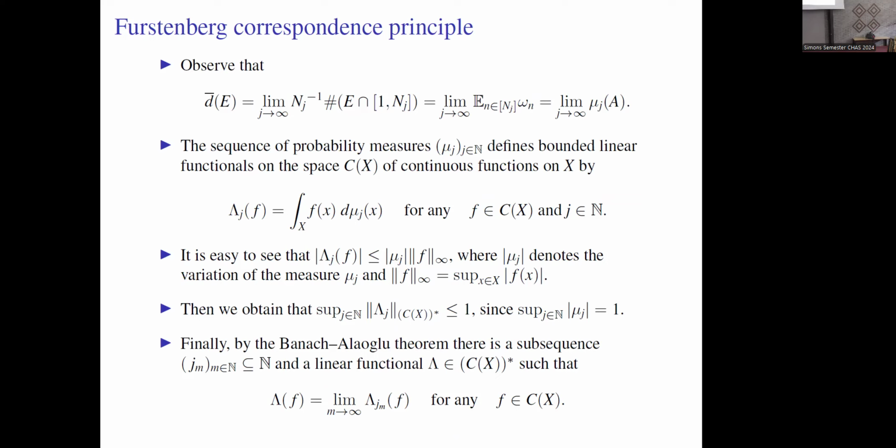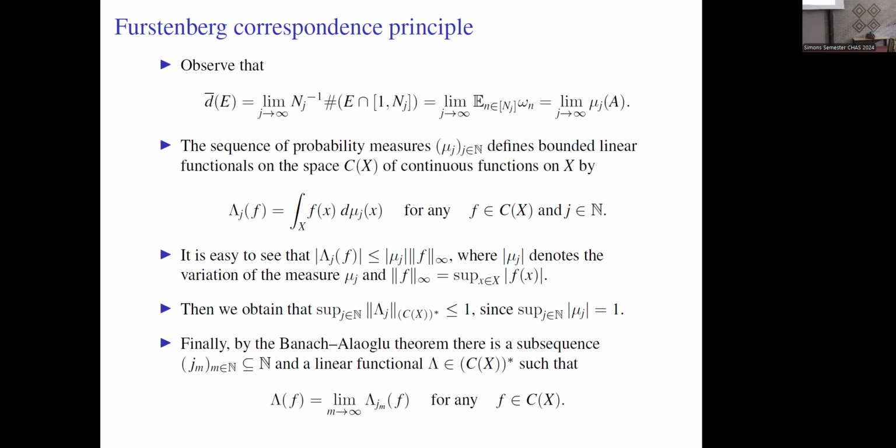Now we use the Riesz representation theorem. This defines a bounded linear functional, and in fact this sequence of linear functionals is uniformly bounded.